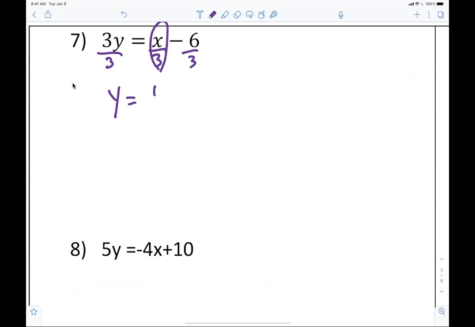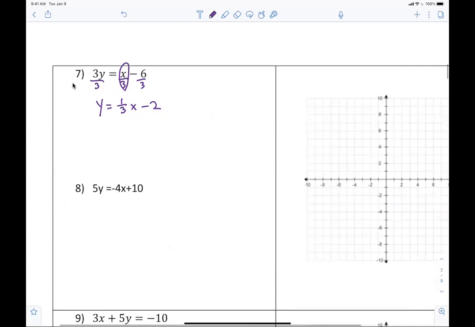It's y equals x over 3, or you could say 1/3 x, right? And then what's the y-intercept? Then the y-intercept is -2. Exactly. Tell me how to graph that.